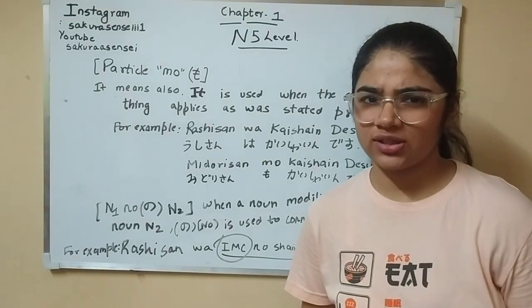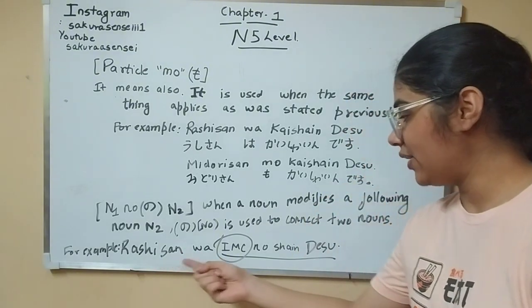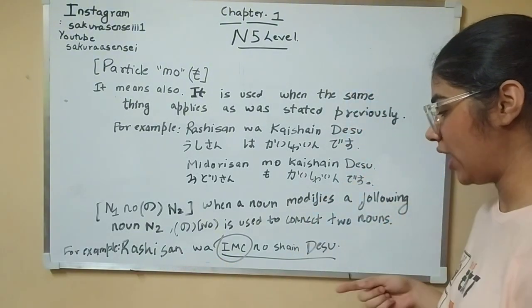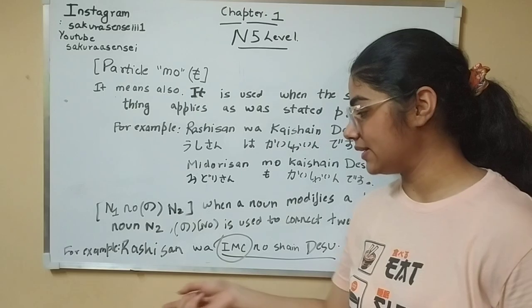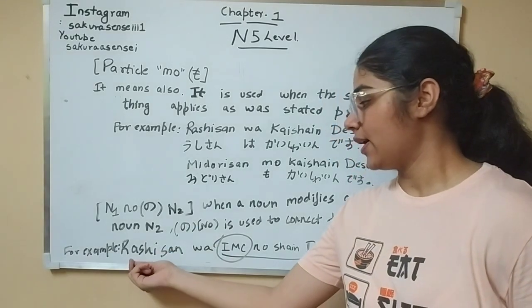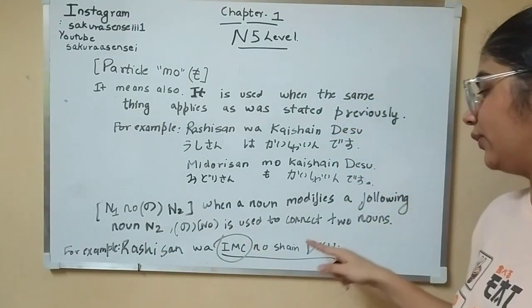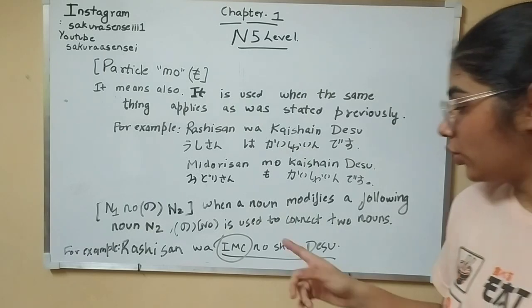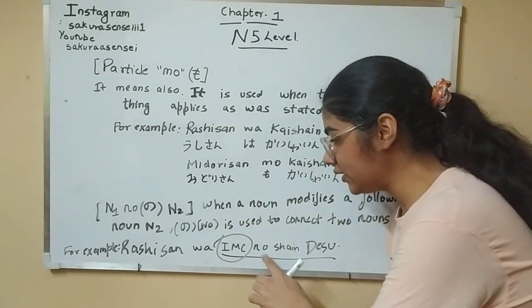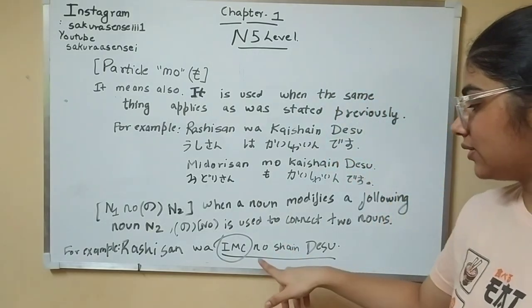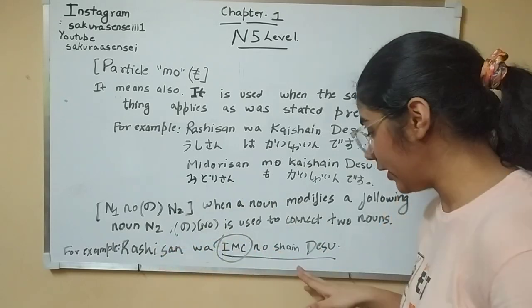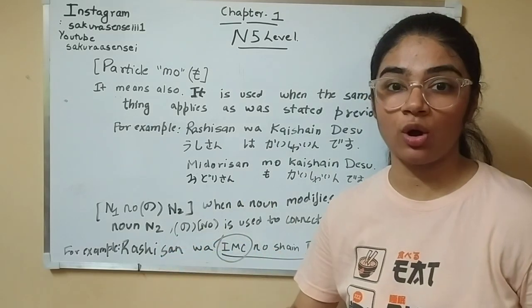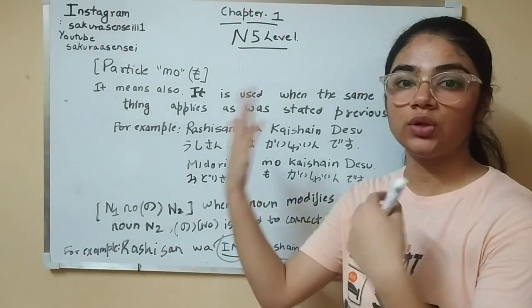It is a fictitious company I'm talking about. Rashi-san wa IMC no shine desu. It means that Rashi-san is the employee of IMC company. The use of no in the sentence is that she is an employee of IMC company, like she belongs as an employee to IMC company.